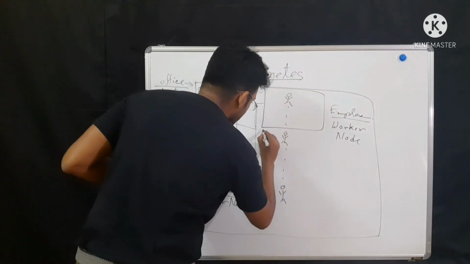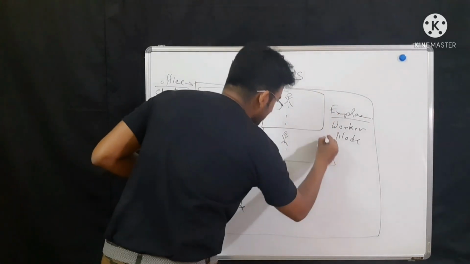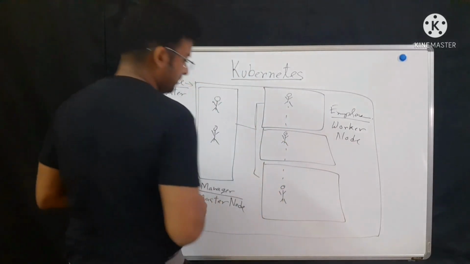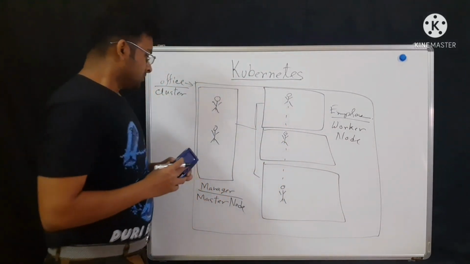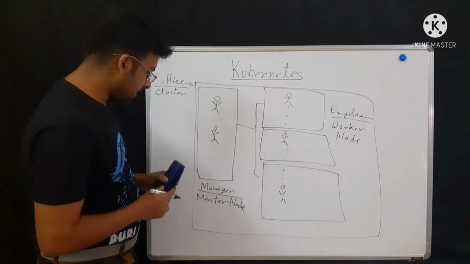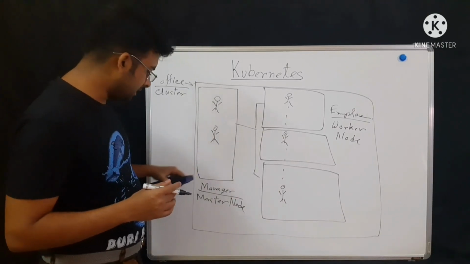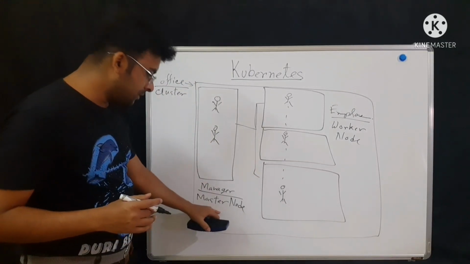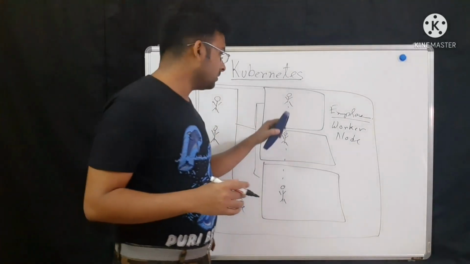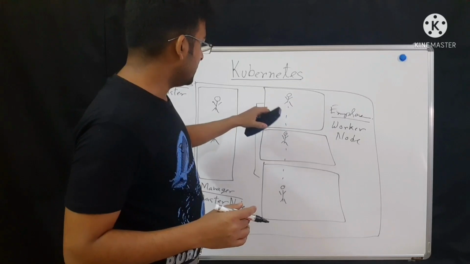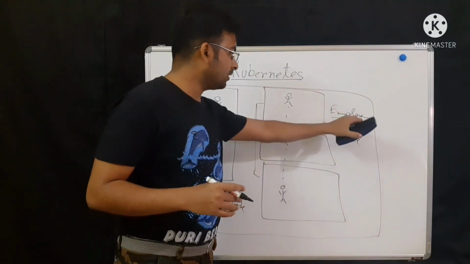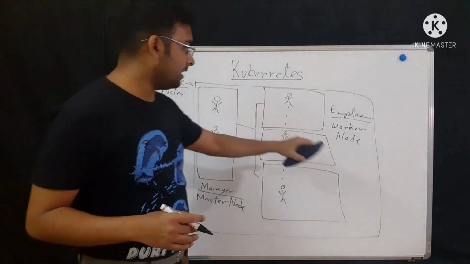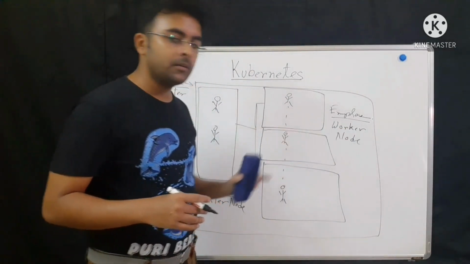This is one employee, this is another employee, this is another employee. So as an office can have multiple managers, a Kubernetes cluster can have multiple master nodes, and in the same way as an office can have one or multiple employees, the Kubernetes cluster can have one or multiple worker nodes.